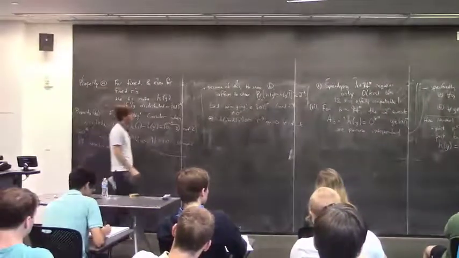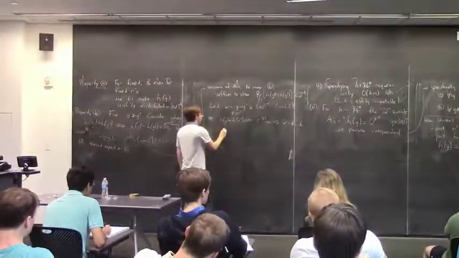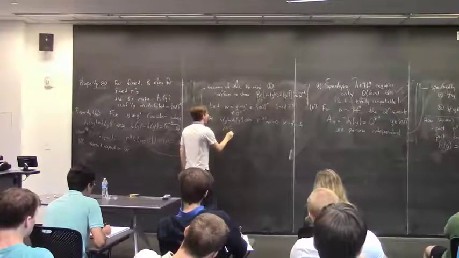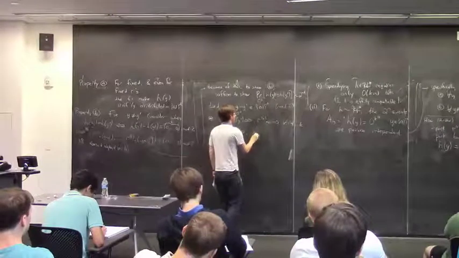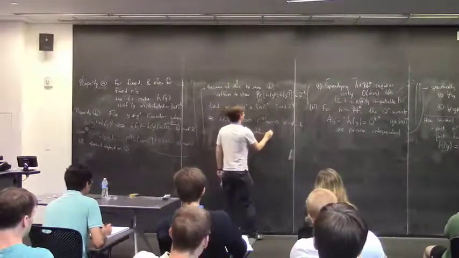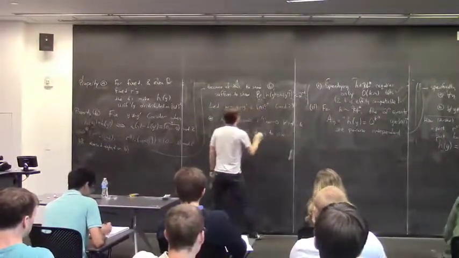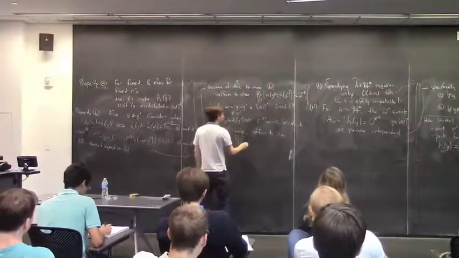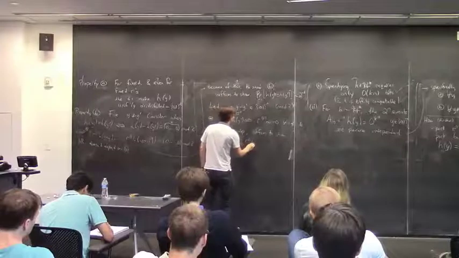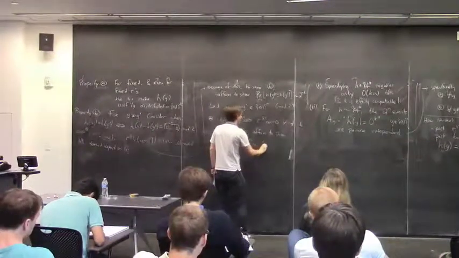But since the r_i are independent, it suffices to show that for any particular r_i, the probability over r_i that r_i dot w equals 0 is a half.